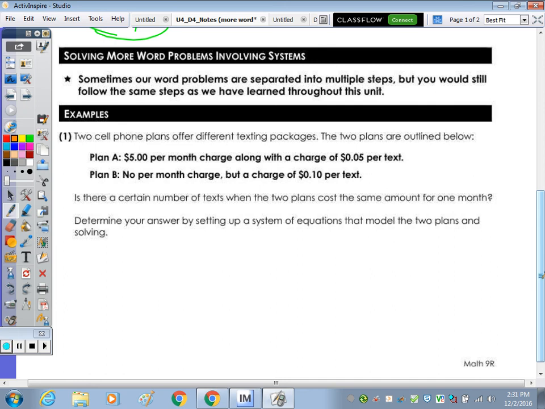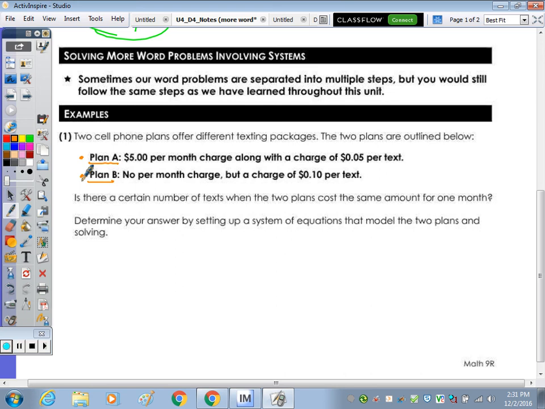So number 1, we have 2 cell phone plans, and they offer different texting packages. The 2 plans are outlined below. So we have Plan A and Plan B. Plan A charges $5 per month, and then it has a 5-cent per text charge.